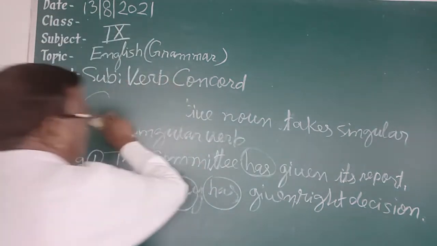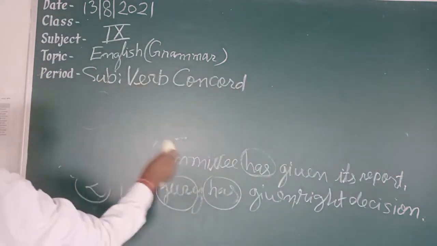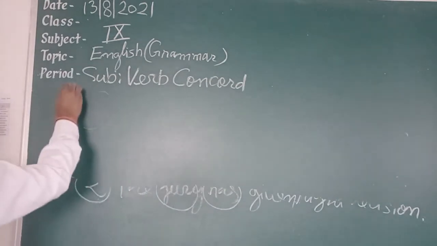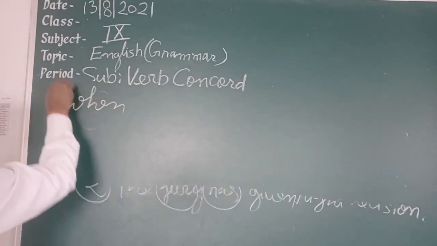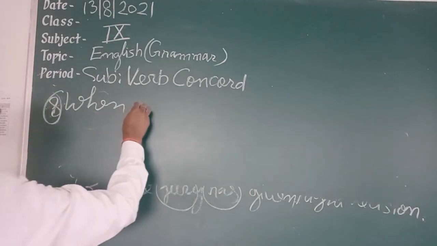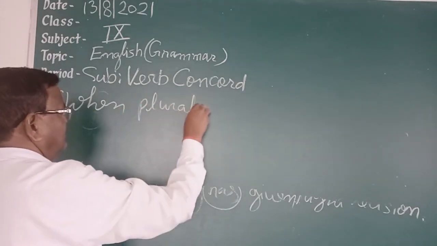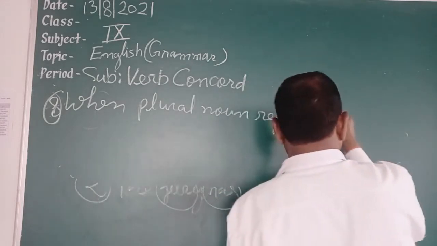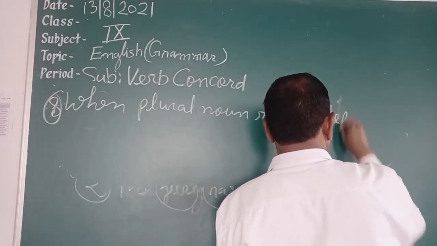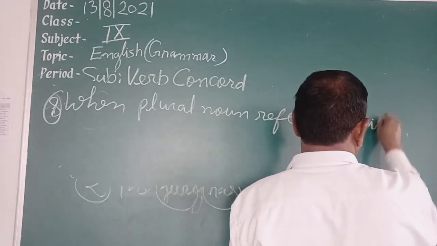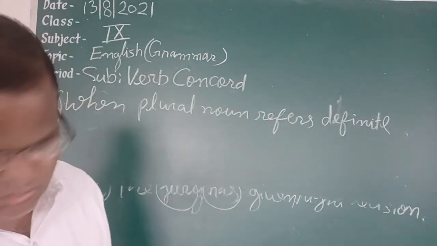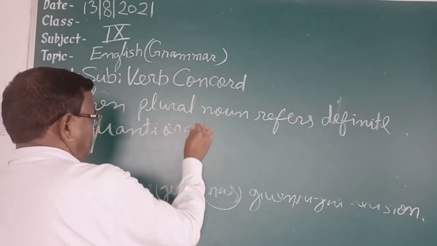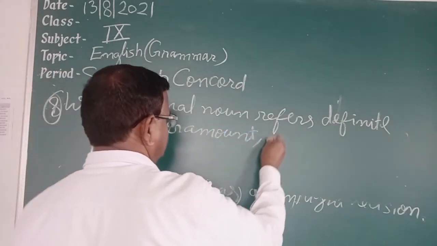Next rule, rule number 8. When a plural noun refers to a definite quantity or amount, then a singular verb is followed.